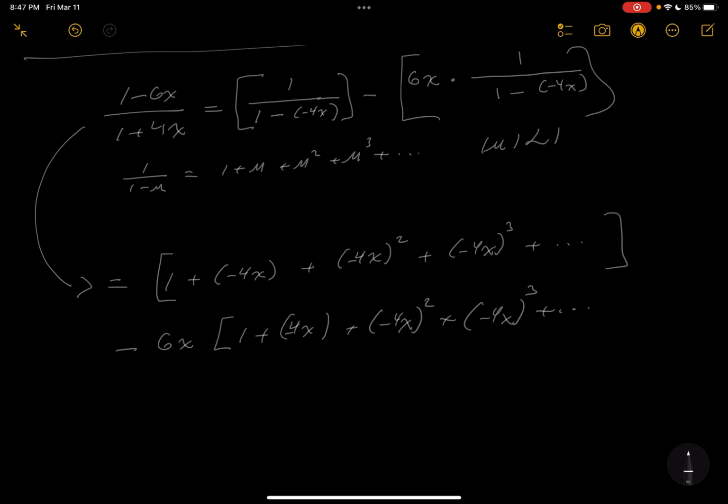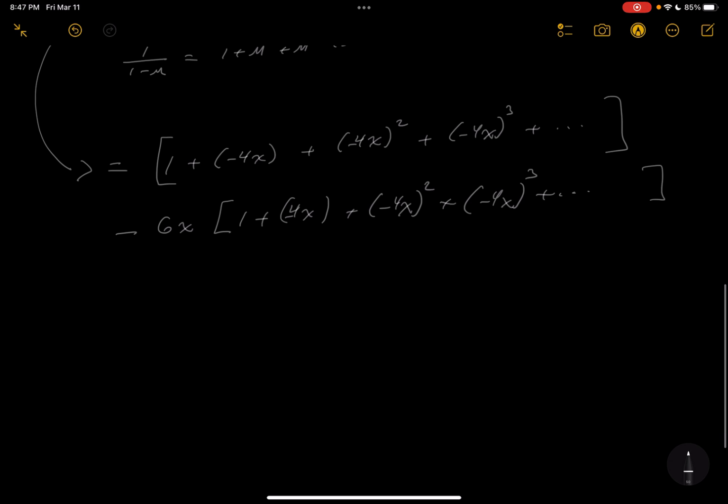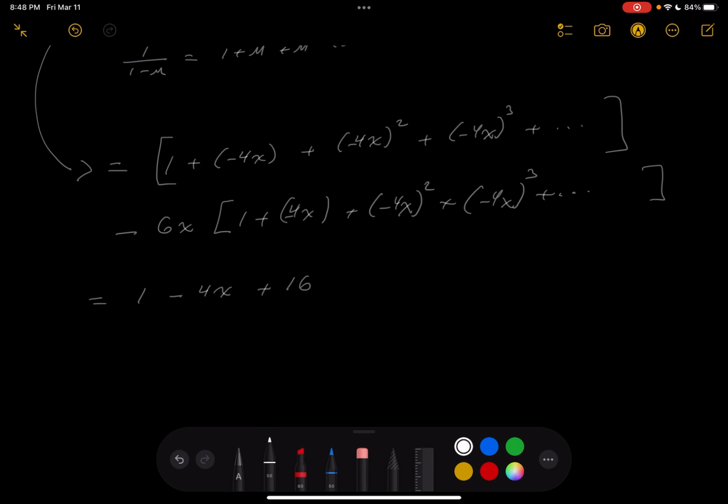All right? So I'm going to do it. See what we get over here. 1 minus 4x plus 16. You know what? I don't want to put the 16 down. What I'm going to do is write down 4 squared instead.